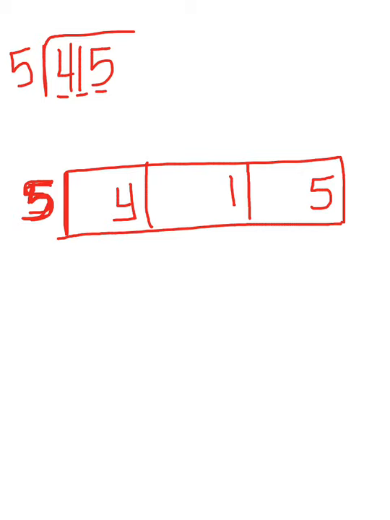Okay, so because 5 doesn't go into 4, we're going to mark out that 4, and we're going to push it to the next box. Now, remember when I said we're going to put this 1 close to the line? That's because when I push this 4 over, it goes in front of that 1.